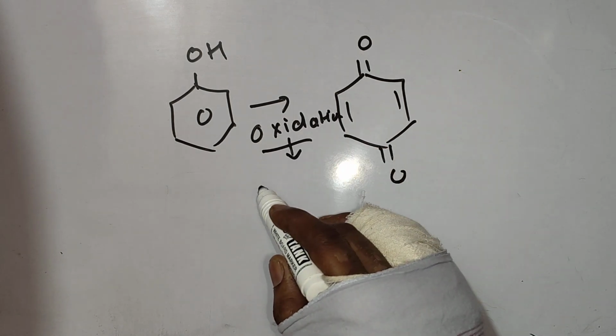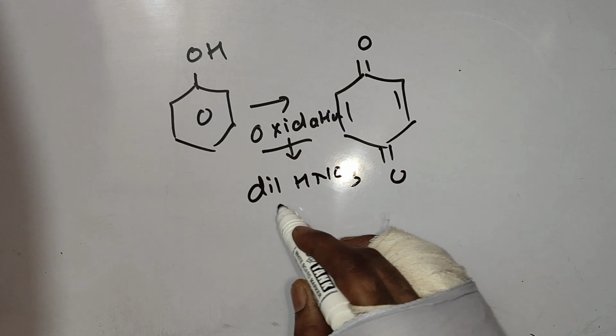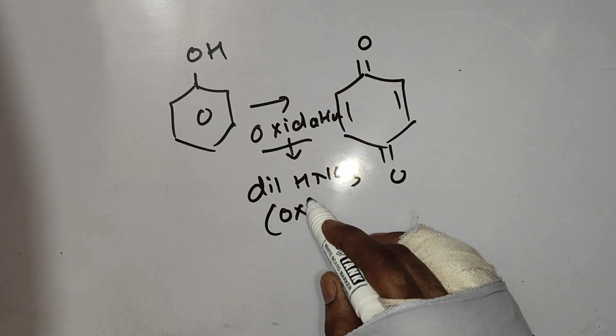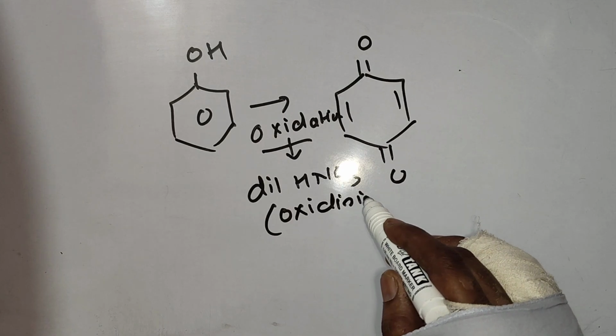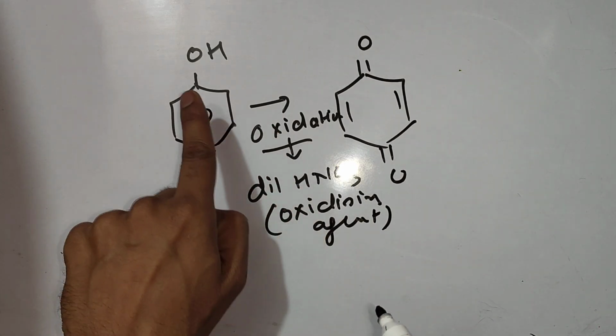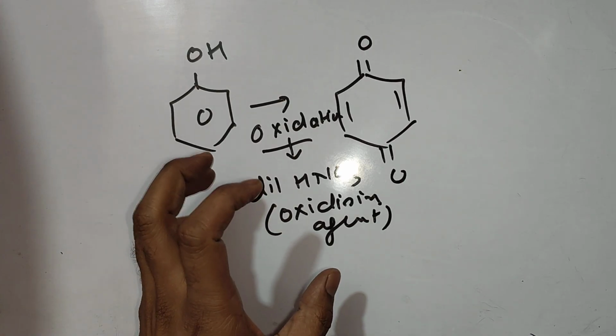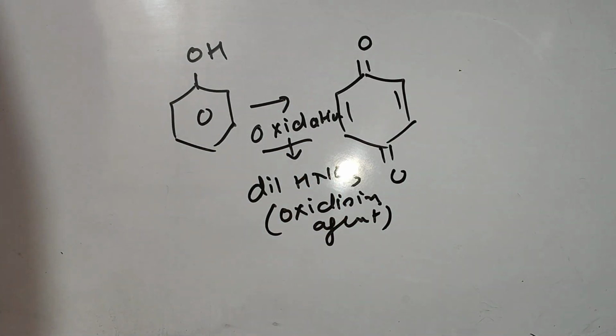Meaning dilute nitric acid is working as an oxidizing agent, because due to this chemical the oxidation of phenol is happening. That's why here dilute nitric acid is working as an oxidizing agent.